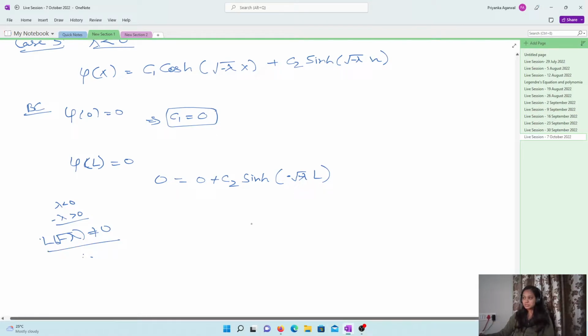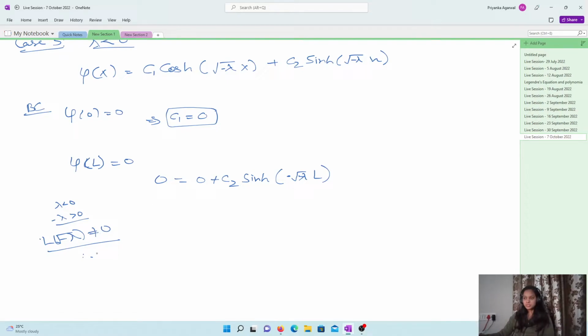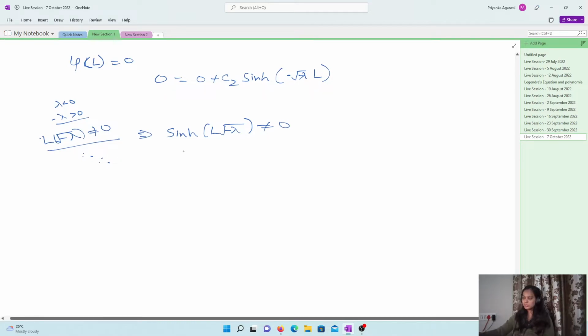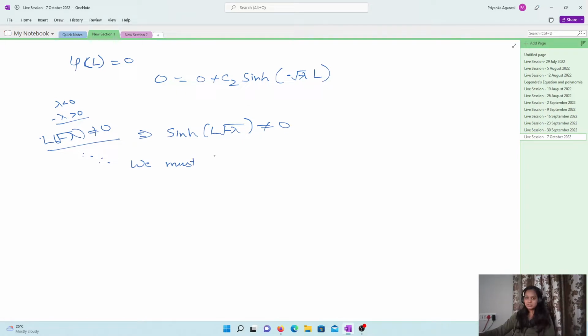Therefore, sinh of L times root of minus lambda cannot be 0. Therefore, in this case, we must have c2 equal to 0, because either c2 equals 0 or this term equals 0.